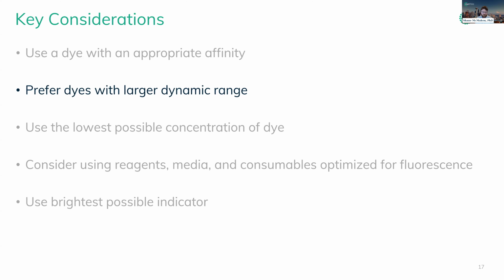If it only gets 1% brighter when bound to calcium, the changes in fluorescence will be very small. The dynamic range dictates how much sensitivity you get to calcium changes. So when we're looking at a drug-induced change in fluorescence amplitude, high sensitivity is very important for these types of experiments.